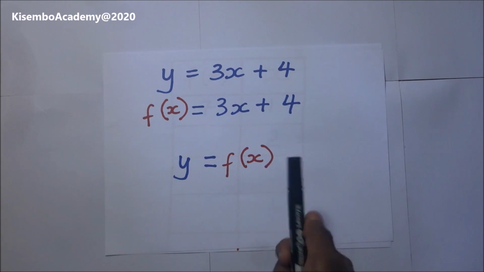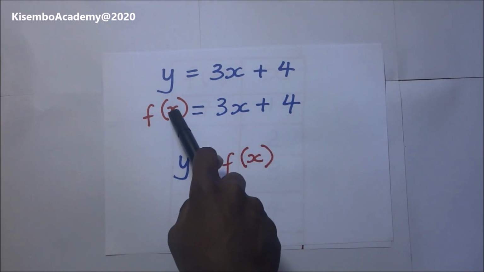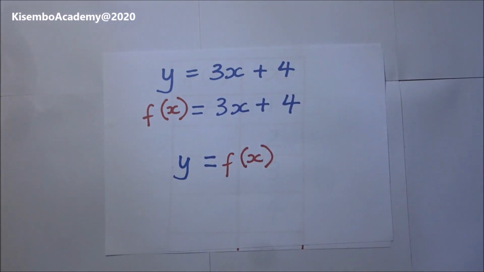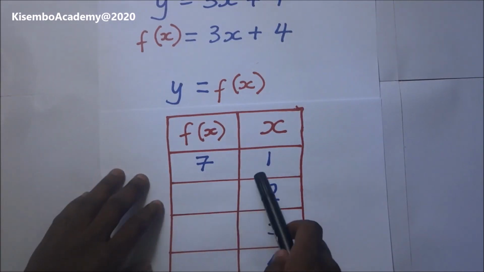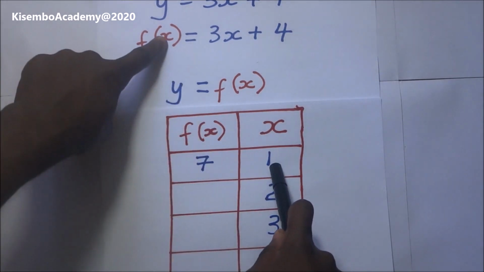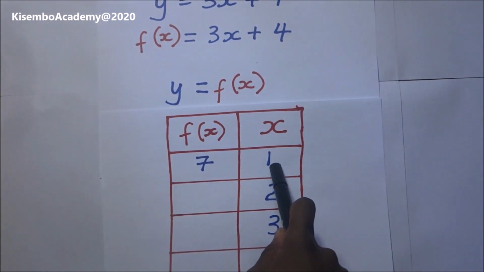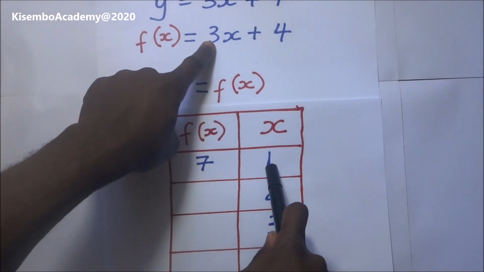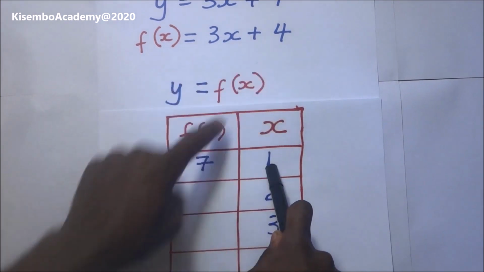Now, this means that for every value of input we put here, we are going to produce a certain output. Looking at our function here, if I put the value of x as 1, my value of output is going to be 7. How? Because 1 times 3 is 3, plus 4 gives us 7.